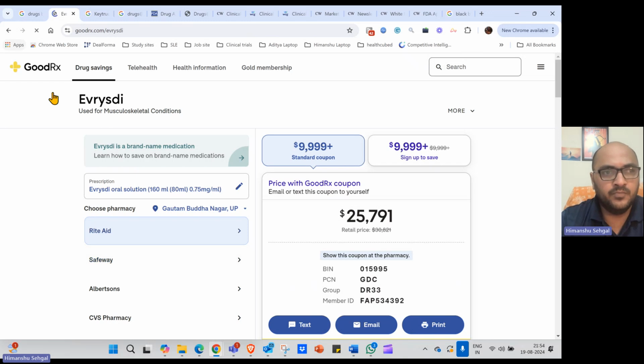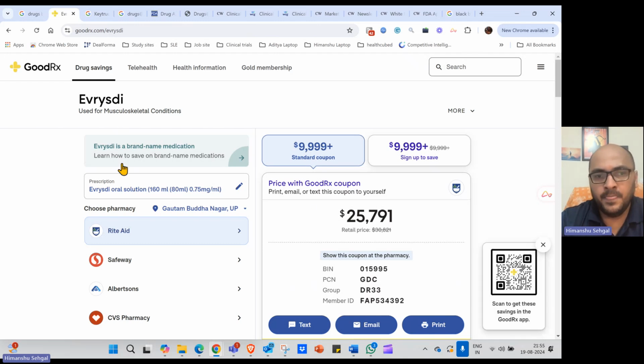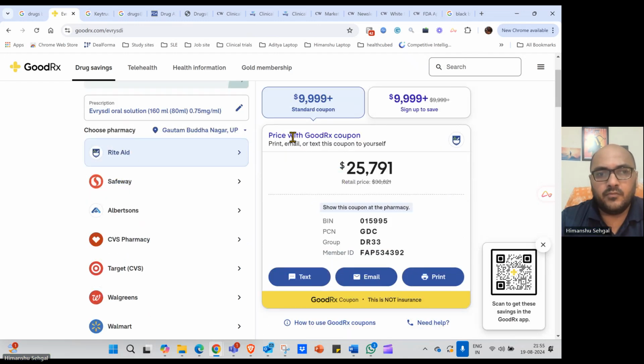So I've looked into Evrysdi, which I looked at earlier also. Evrysdi is a spinal muscular atrophy drug. With a GoodRx coupon, you can get it at $25,791, and the retail price is $30,821. It's at Rite Aid or Safeway.